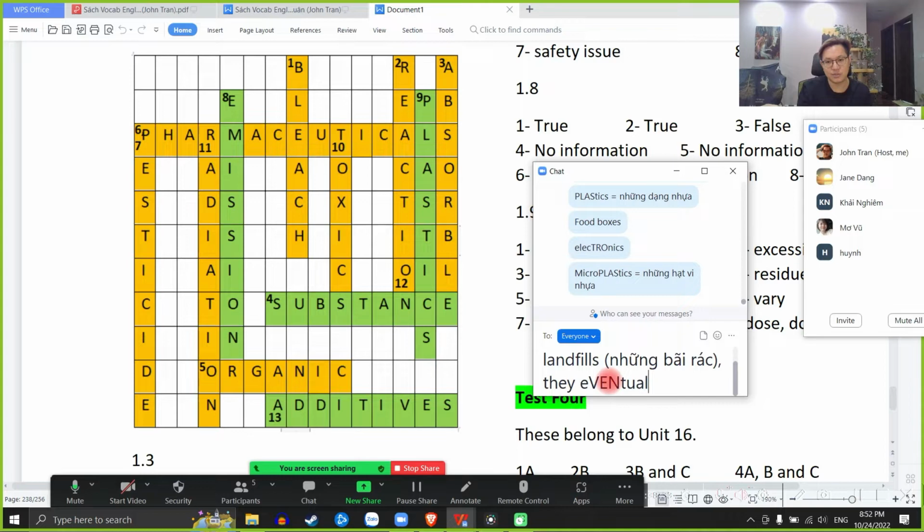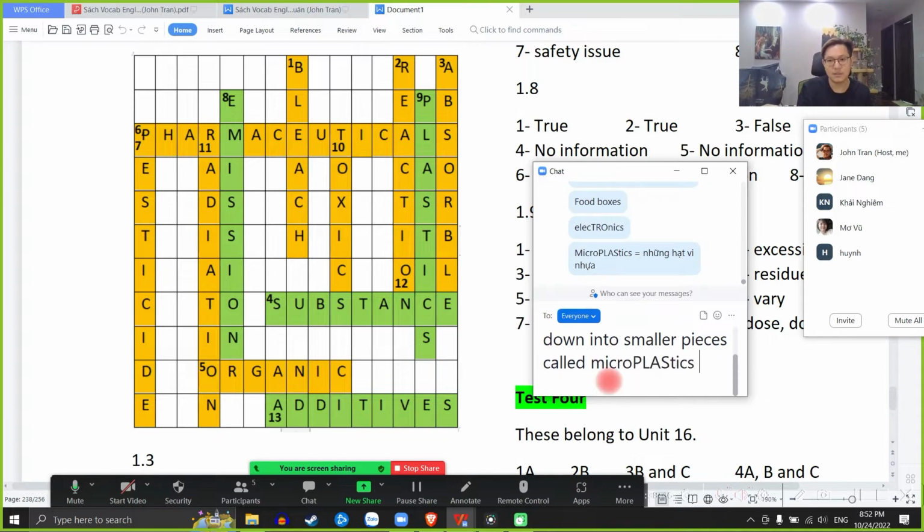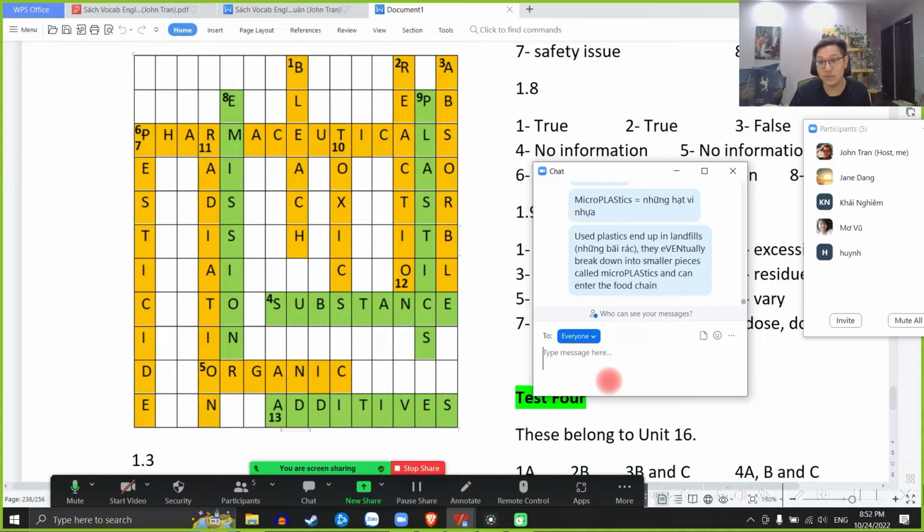They eventually break down into smaller pieces called microplastics and can enter the food chain. Có thể nó đi thâm nhập vào cái chuỗi thức ăn đó nha các bạn.